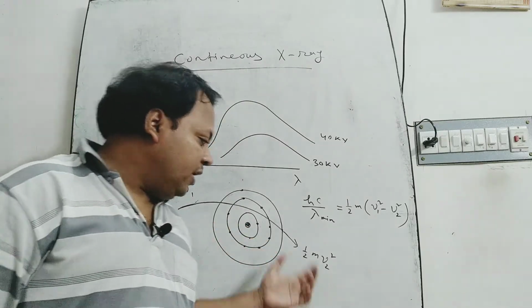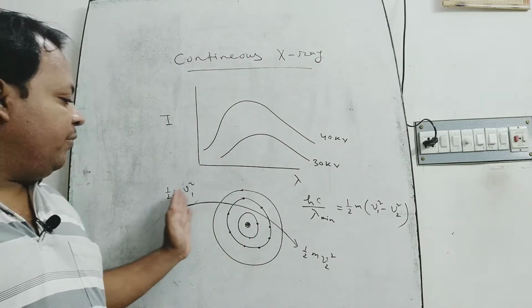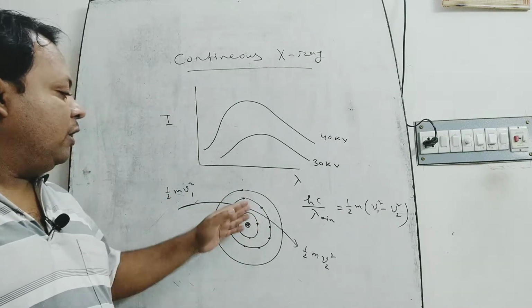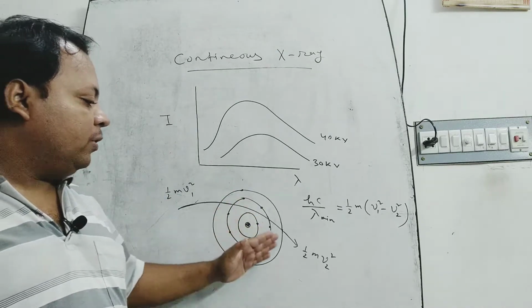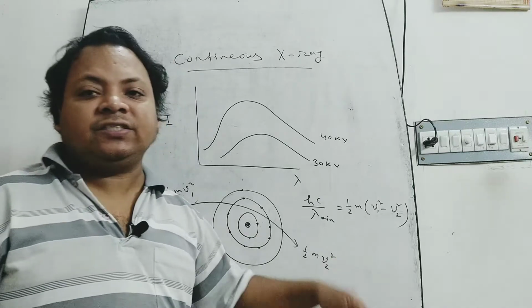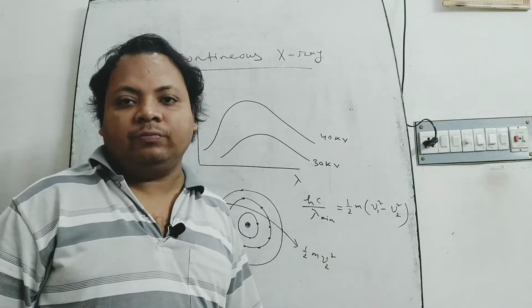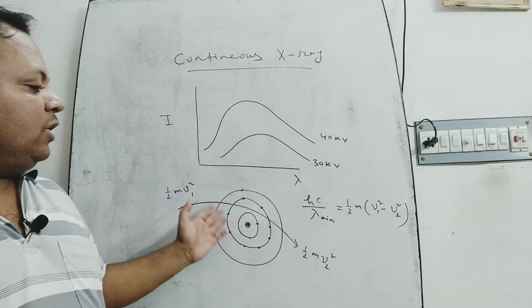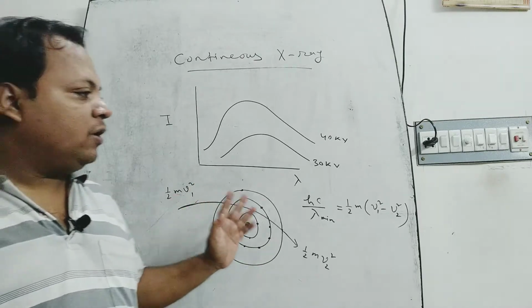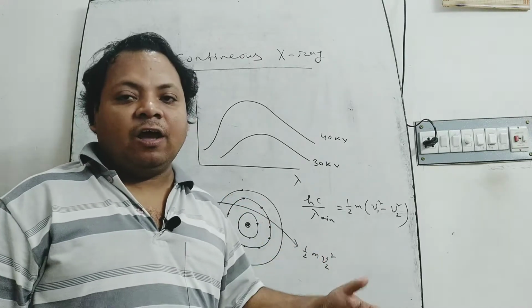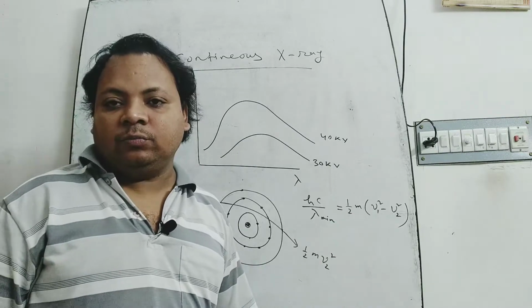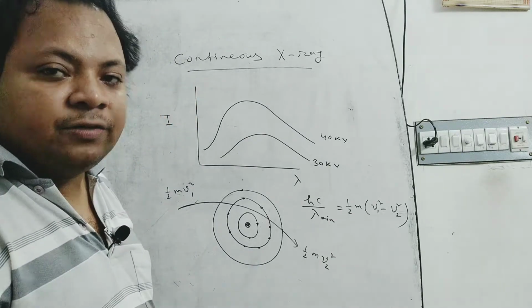The electron which emerges from the target atom can again strike another atom. In this way, this electron can strike many atoms of the target metal.